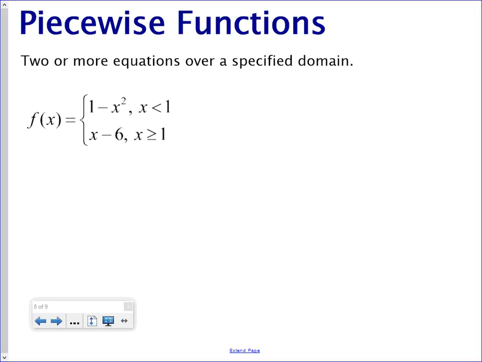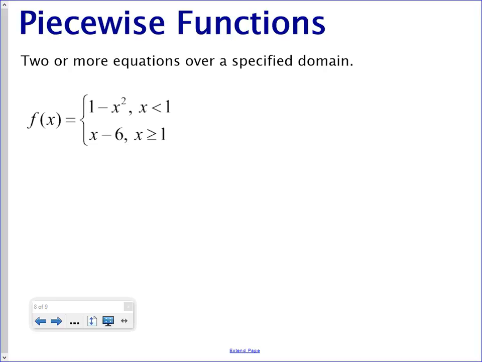Piecewise functions are two or more equations over a specified domain. Basically, it's a function made up of pieces of different functions. And the specified domain is when you say, use this function for this part of the graph, and then use another function for a different part of the graph.